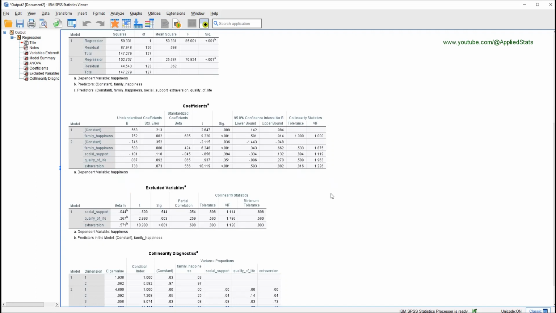So basically, the variable or the group of variables that you enter in your first block is what you are controlling for. And then you want to know that after controlling for your first block of variables, can your second block of variables predict your outcome or not?